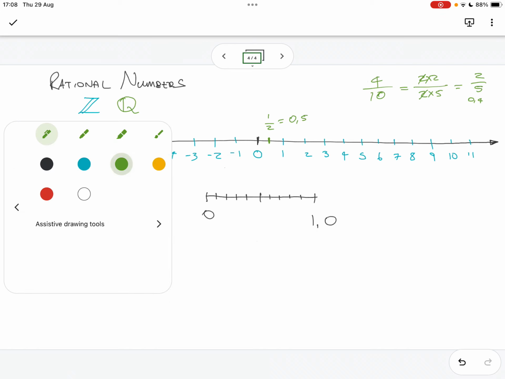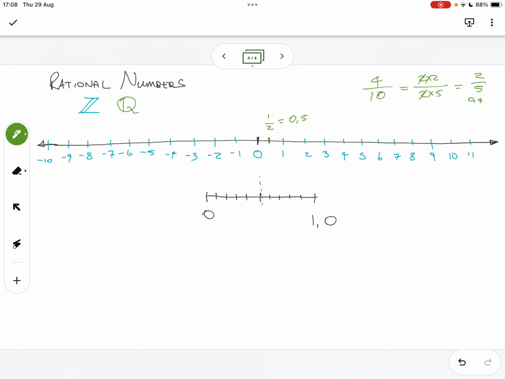So here I would have a half, and here I would have 2/5. See, that's what we are learning here on this number line. But now we're including all real number systems. And I said rational numbers, we'll use green to identify them, and we'll use blue to identify integers.